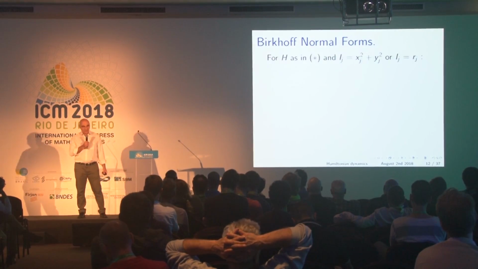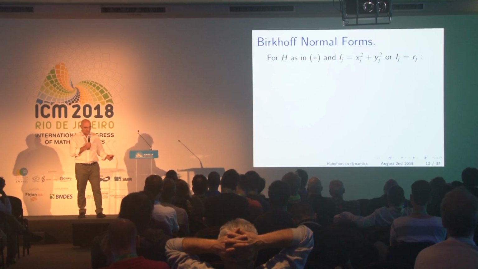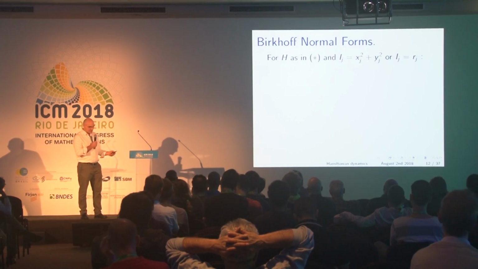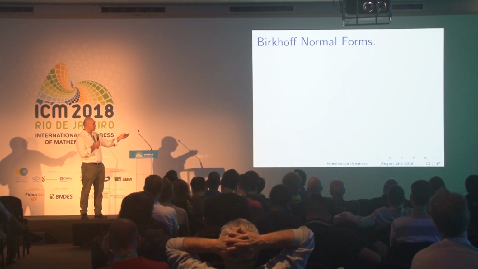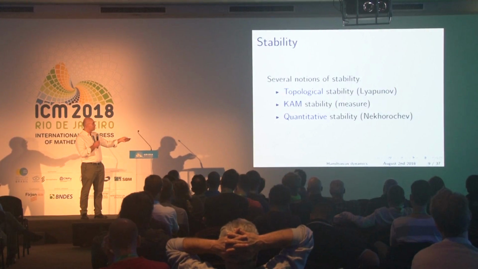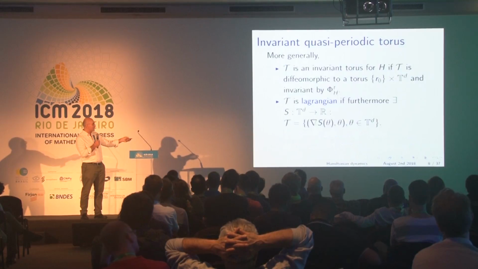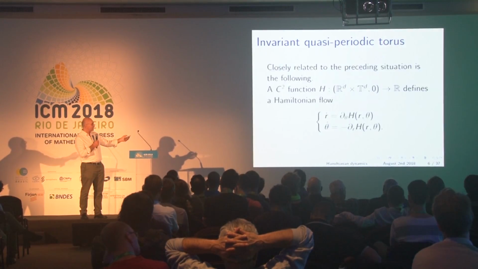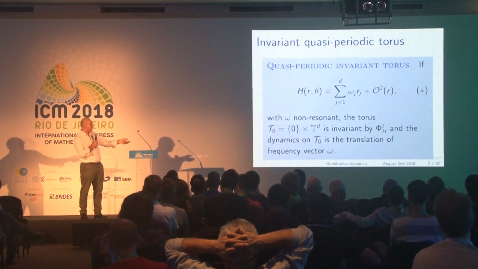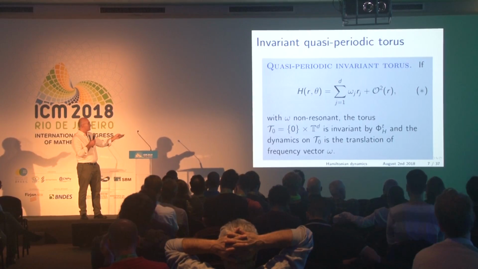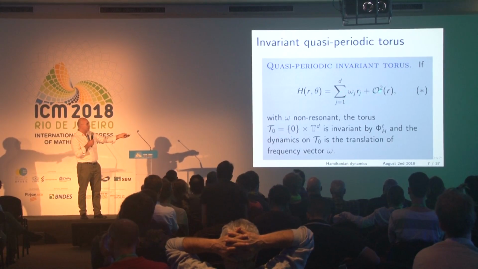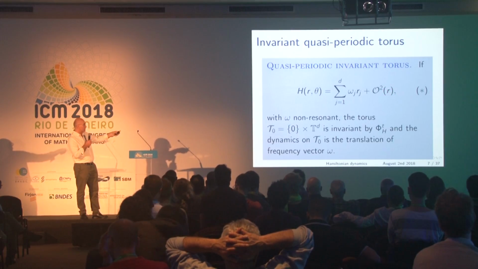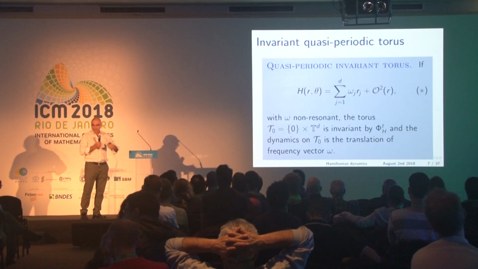So Birkhoff normal form, so we assume that H has this form. I recall to you that H has this form. So you've got here this part. We said that the Hamiltonian is integrable if you don't have the big O here. Then the motion is purely quasi-periodic in a whole neighborhood of 0.